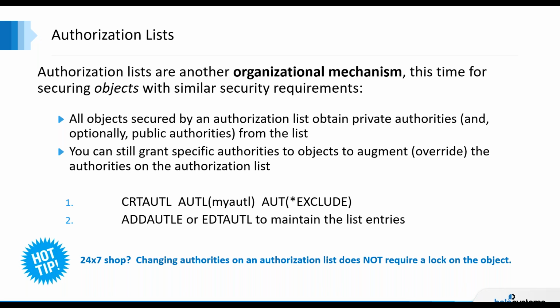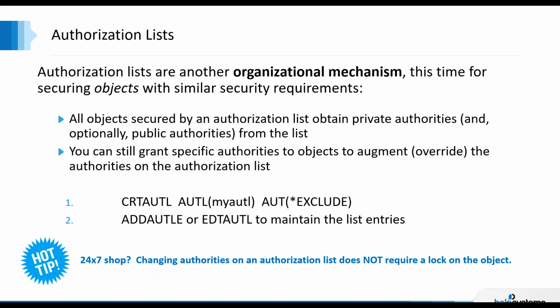The concept of an authorization list sometimes is lost on people because they say, I don't have that many objects, and maybe I'll just maintain them manually. My stance on this is that authorization lists are extremely beneficial from an organization perspective, but they're also extremely beneficial if you run a 24/7 shop. Why is that?